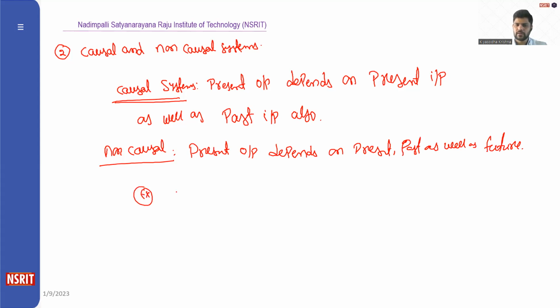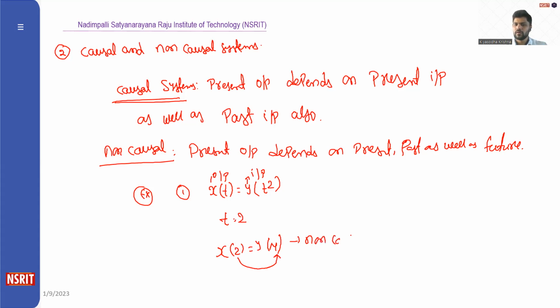Example one: x of t is equal to y of t square, where x is the output and y is the input. Let us take t equal to 2. Means x of 2 is nothing but y of 4. So the present output depends on the future. It is non-causal.